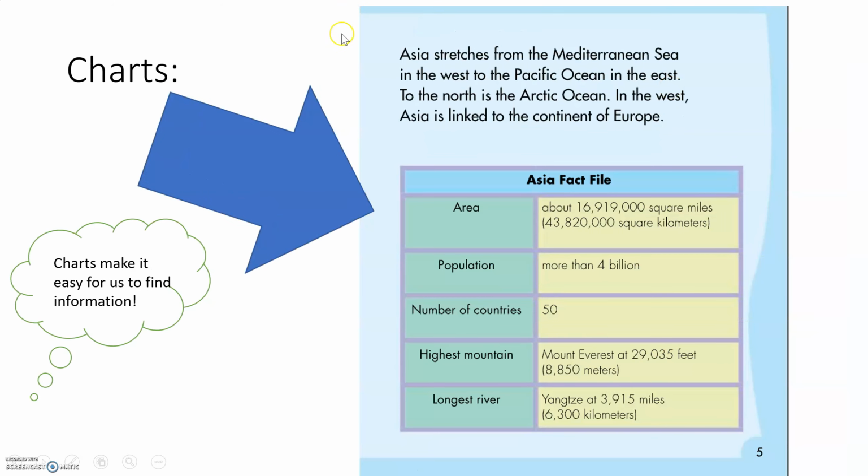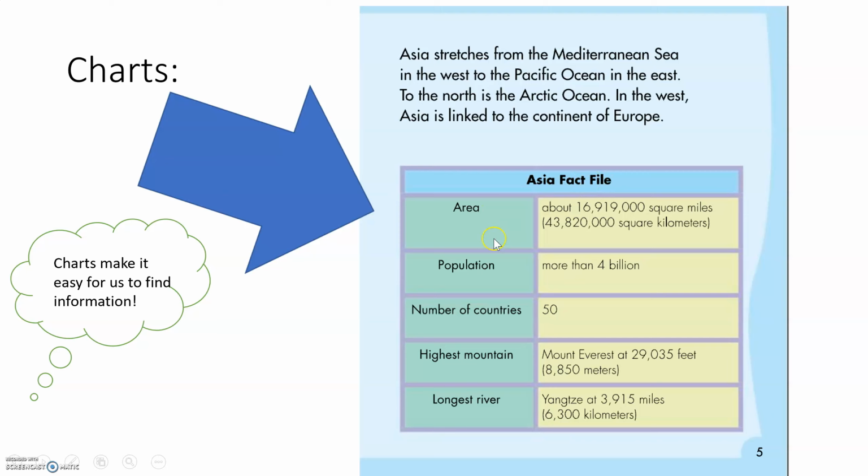On the next page, I'm going to continue reading. It says Asia stretches from the Mediterranean Sea in the west to the Pacific Ocean in the east. To the north is the Arctic Ocean. In the west, Asia is linked to the continent of Europe. Here, friends, we have a chart, and the title of the chart says Asia Fact File.